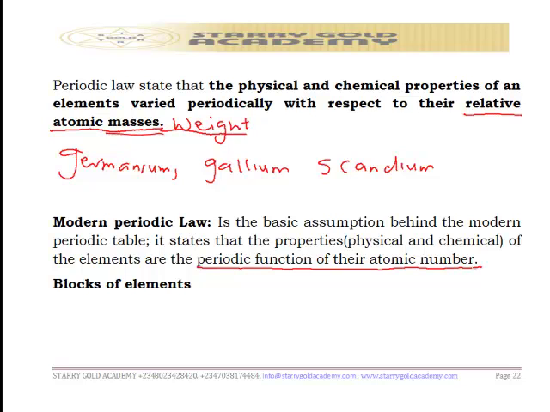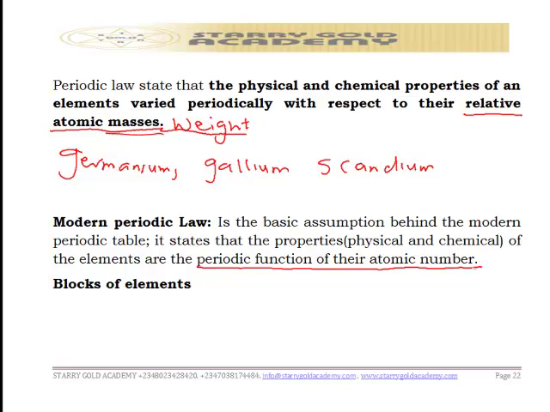Don't forget, before, when I was talking about the periodic law, we said it was based on their relative atomic weights or masses. That is why some of the properties of these elements are reoccurring, based on their arrangement on the periodic table.